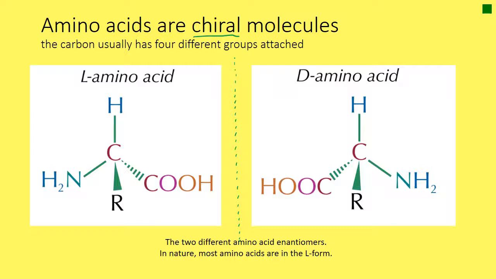So you can see the carboxyl group is on the left this time, and the amino group is on the right. So they would have the same molecular formula, but their molecular structure is different. If you were to draw a mirror down the middle of them, you can see they're mirror images of each other, but you can't superimpose one on top of the other.